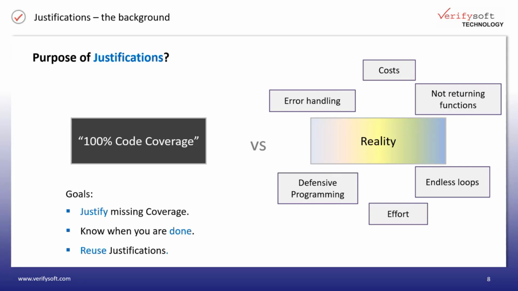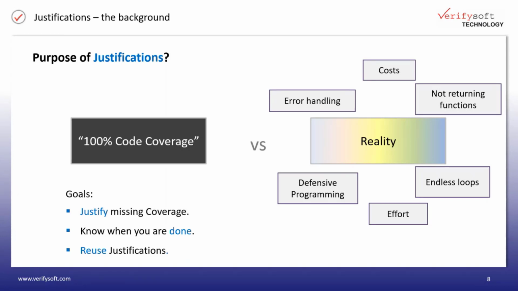That's obvious. But the most important aspect is know when you are done. We want to offer the possibility that you see, okay, I have 75% covered and I justified everything else. And this means that we have to be able to show the impact on coverage measures.